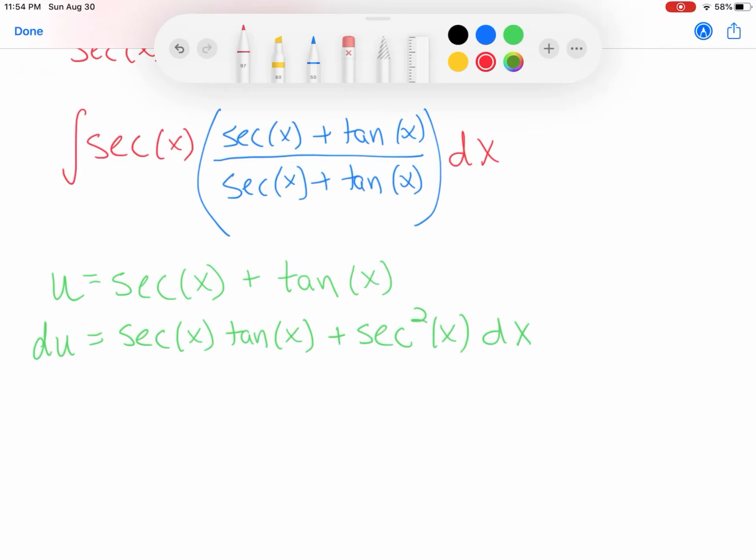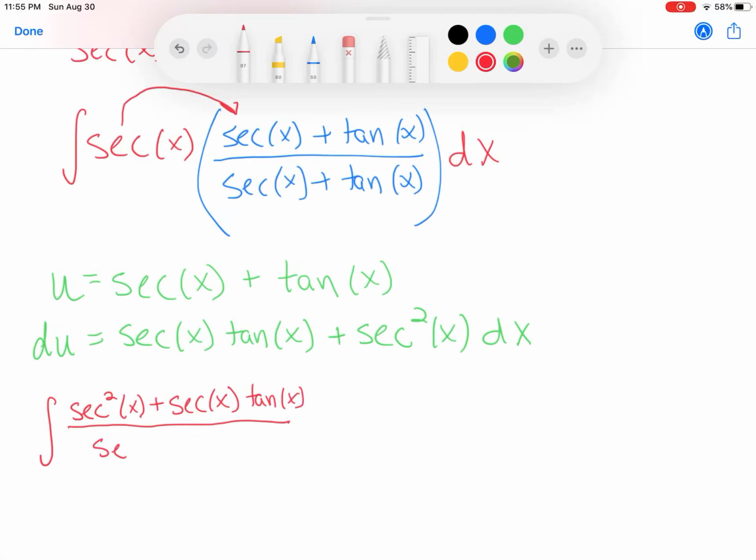So if we go in and do our u sub here, we have the integral, and before we do our u sub, let's multiply secant x in here first. What I end up with is secant squared x plus secant x tangent x, and on the bottom I still have the original denominator, secant x plus tangent x, right? I still have my dx over here.